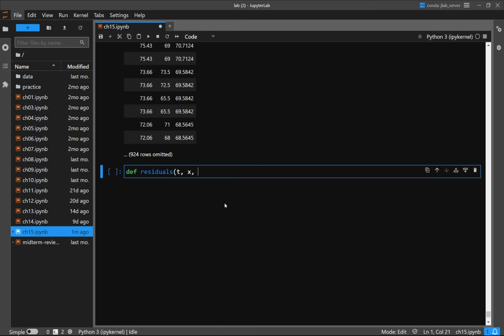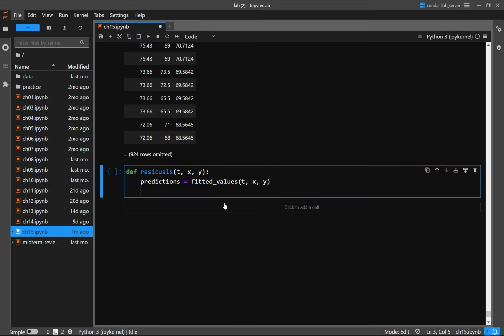So for a table, for an x column and a y column label, our actual predictions are the fitted values. That's another name for it. Got a function for that now. And then what we want to give back is the y column of that table, the actual y values minus our predicted y values. That's our residual. Those are our errors. Does that make sense? That's how we can calculate that.